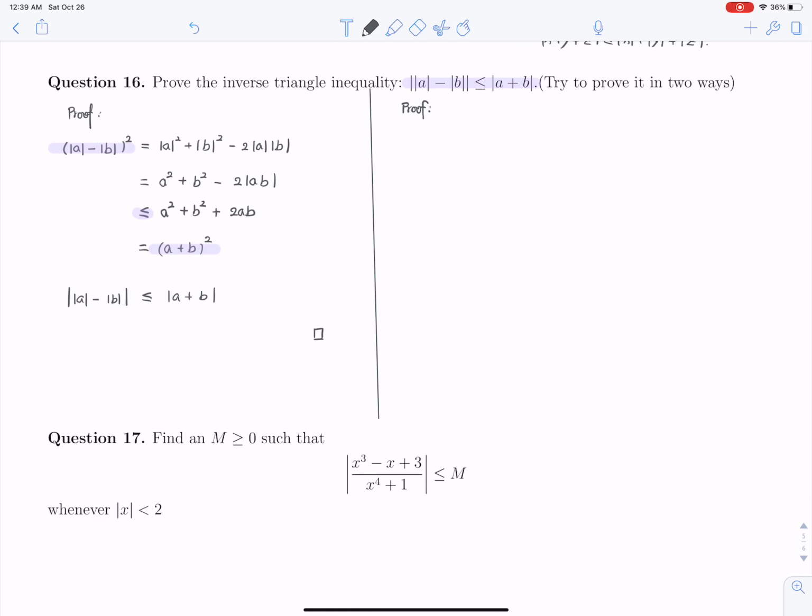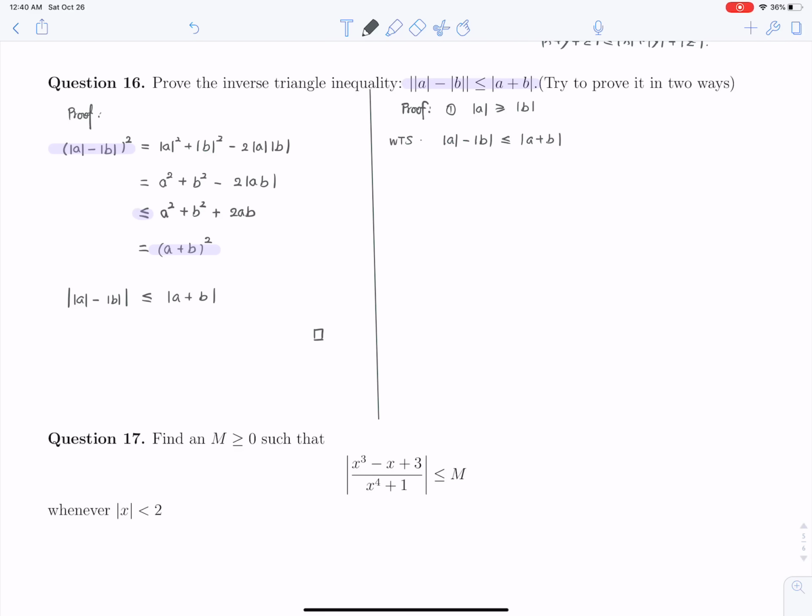The first case is when the absolute value of A is greater than or equal to the absolute value of B. Then this whole thing becomes: the absolute value of A minus the absolute value of B is smaller than or equal to the absolute value of A plus B. So this is what we want to show.